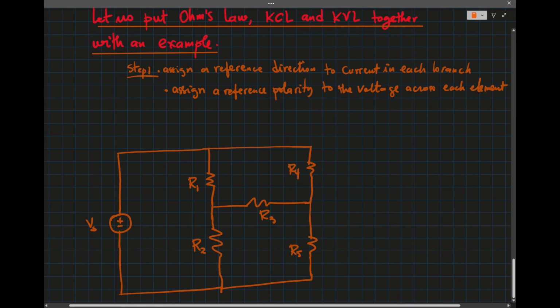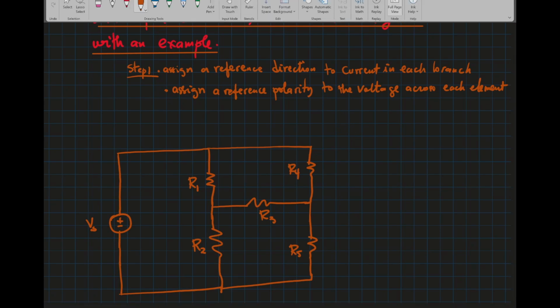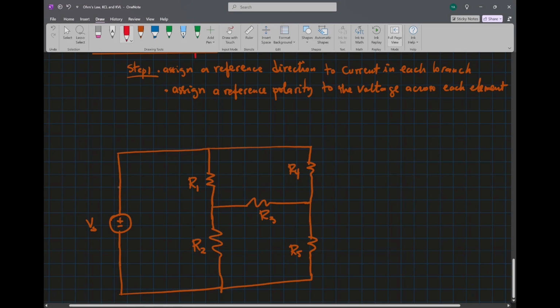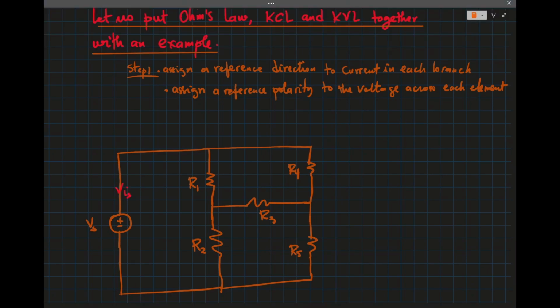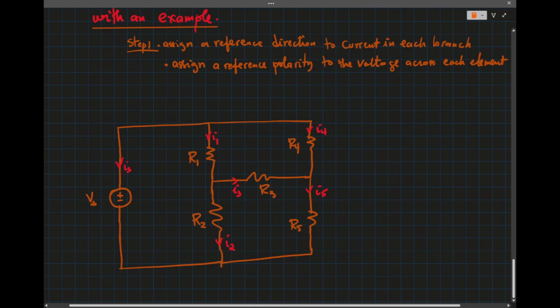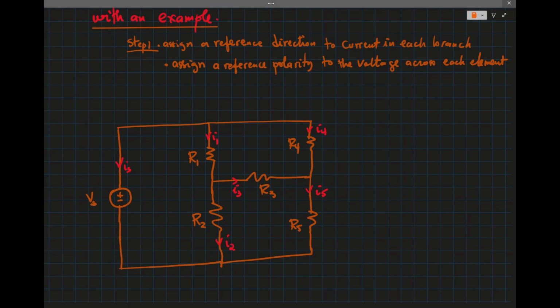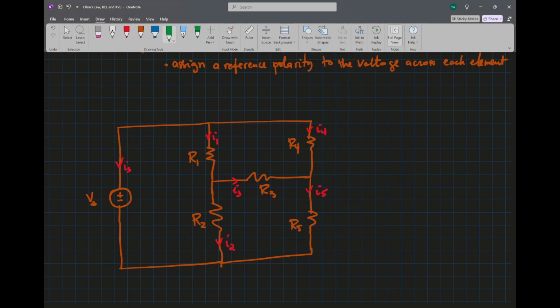So that's what I'm going to do. I'm going to assign currents. Let's say this is current IS, this is current I1, the current through R4 is I4, I3, I5, I2. Then I'm going to assign voltage polarity.